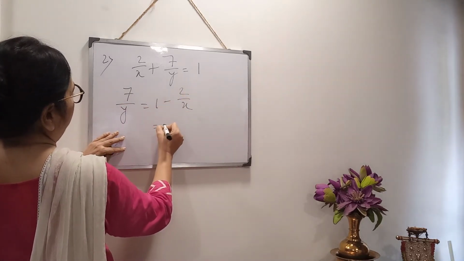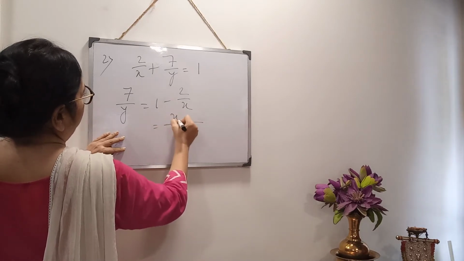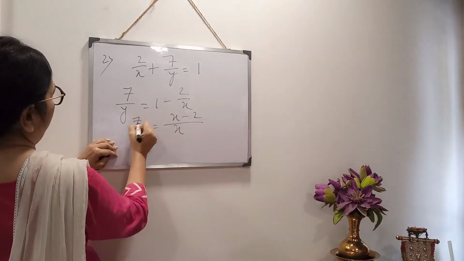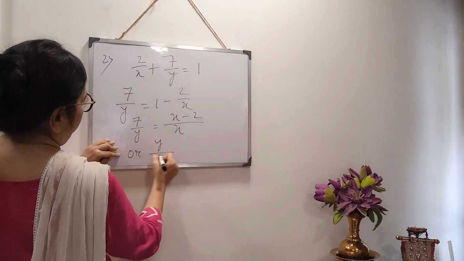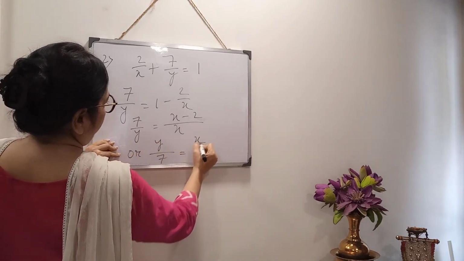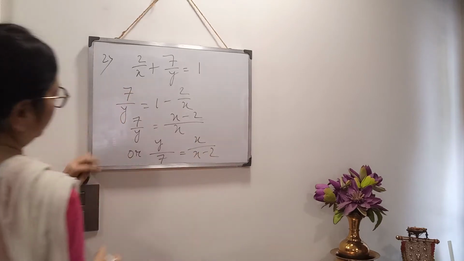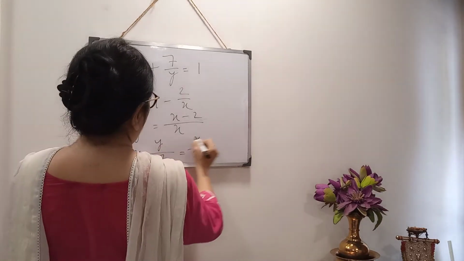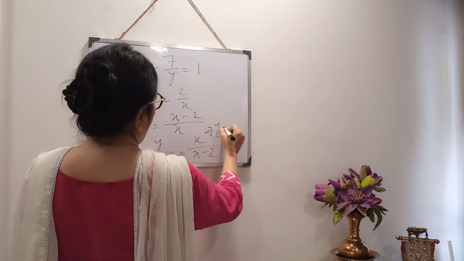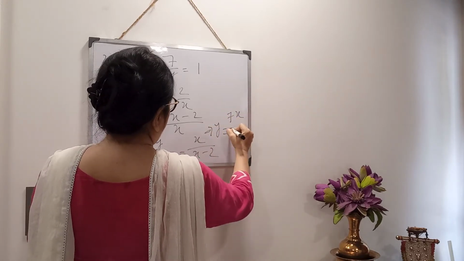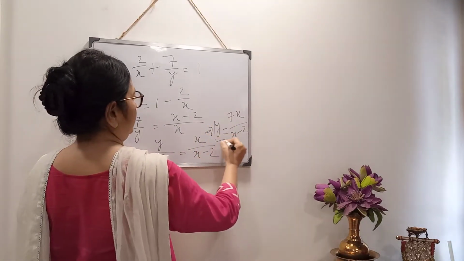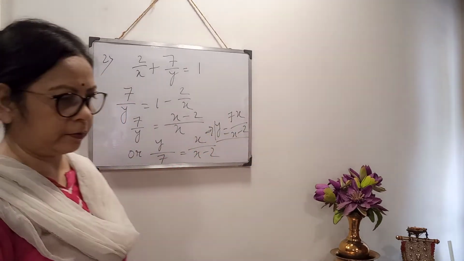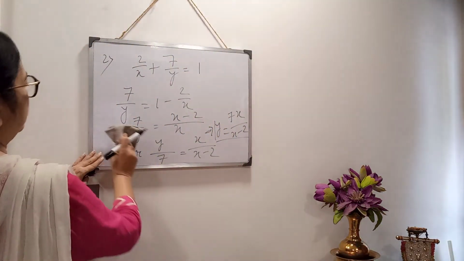Then take the LCM. Now both sides you invert. Y by 7 equals to x by x minus 2. Then y equals to, from there cross multiply, 7x by x minus 2. Thus y is expressed here in terms of x. Clear? In the method of comparison we will do that only.